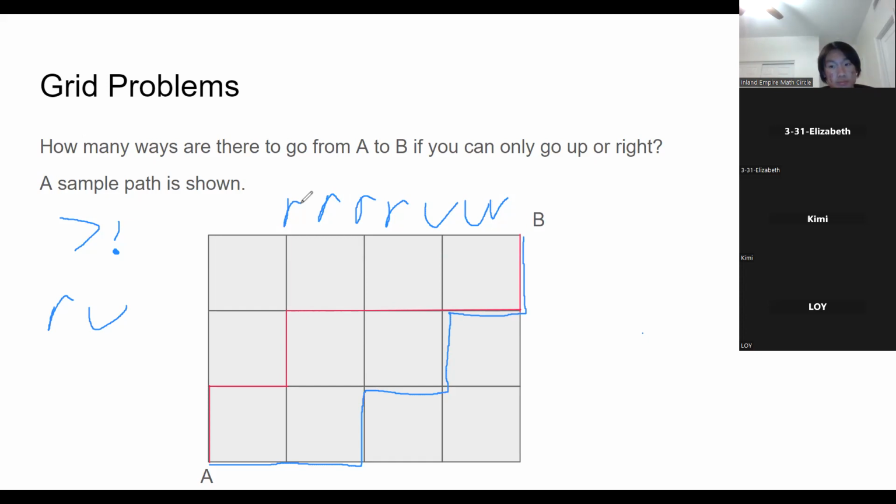We could do R-U or U-R. There's only 2 possibilities. And then we could continue doing that with the next one, because there's only 2 choices. So the second one is RU or UR, and then we just add it together, which is another 2. And then we continue doing that.